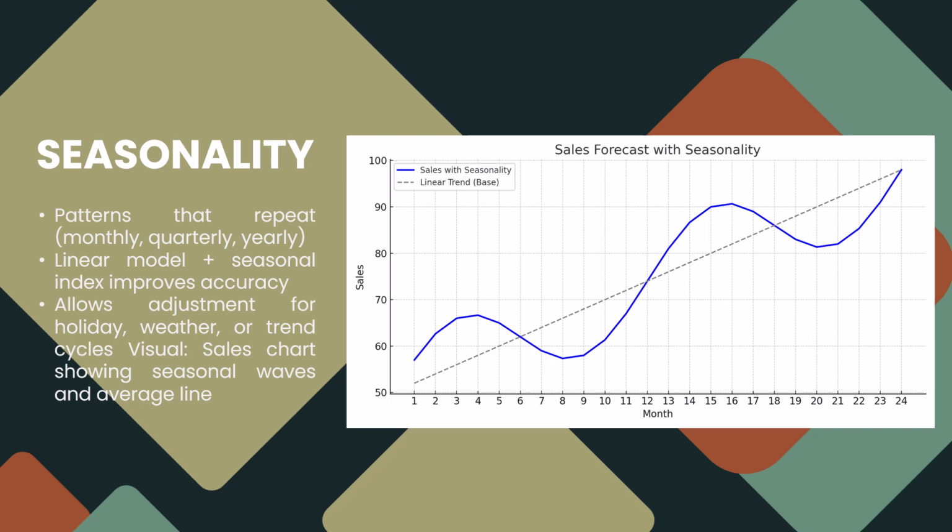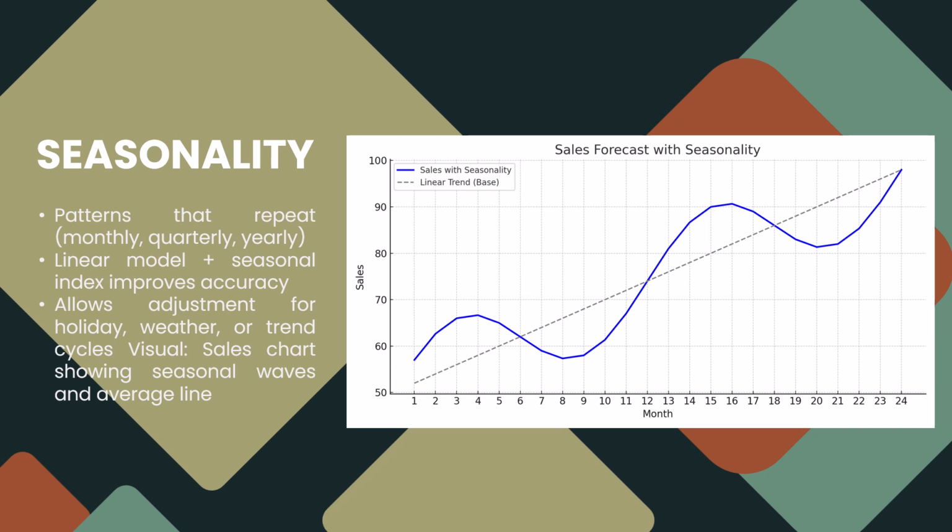For example, sales might spike every December. If we use a linear trend, we would miss that and risk under-preparing for peak periods or overestimating demand for off seasons.